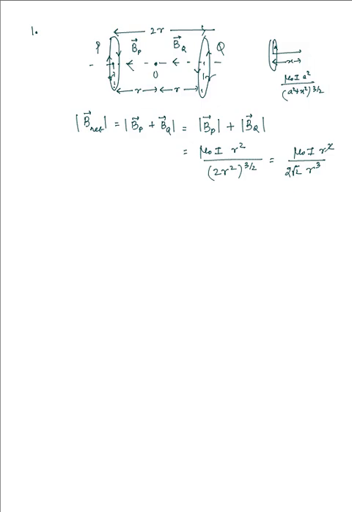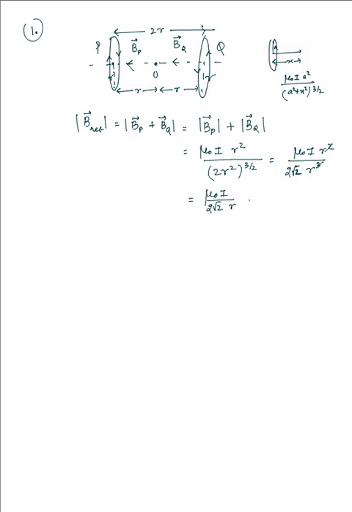Two of those r get cancelled out with that in the denominator, so all you have left is mu naught I over 2 root 2 times r. Even if it's asked only the magnitude, you know the direction as well. Without knowing the direction, you cannot really determine the magnitude, so that's the way to do it. So this is the required result. Let's switch to the next question.